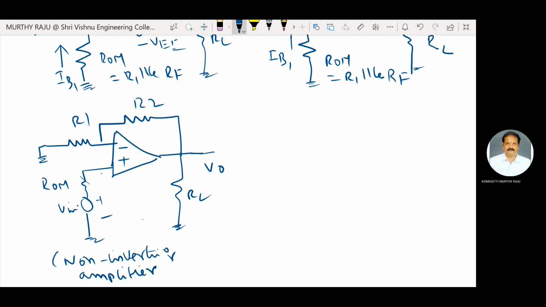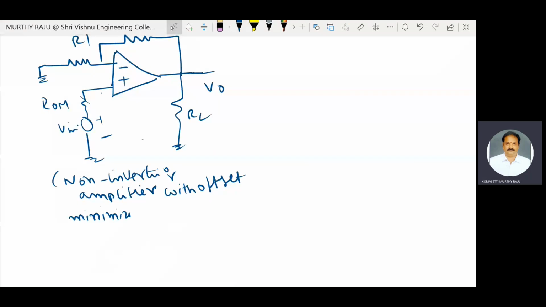Non-inverting amplifier with offset minimizing resistor, ROM. Here Vin equal to 0.